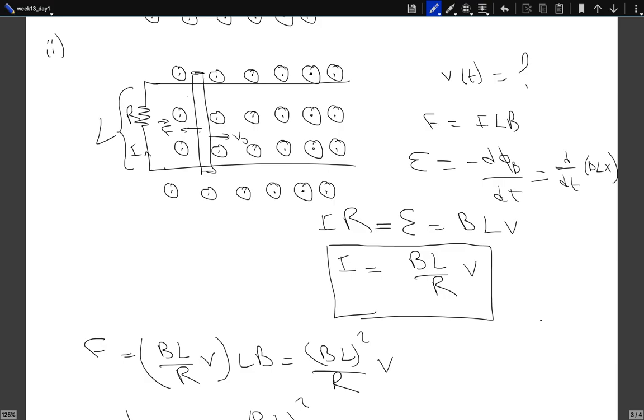Well, you see, a current creates a magnetic field. So you are saying that there is also the current here. This current creates an additional magnetic field in addition to this external magnetic field. No, we are ignoring that.